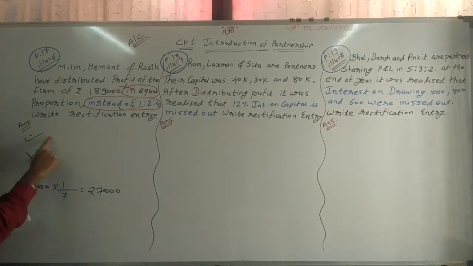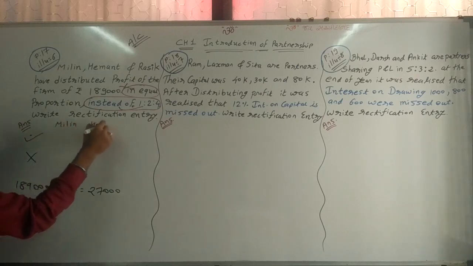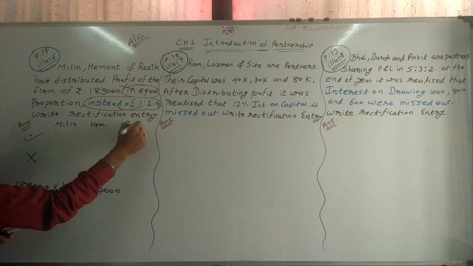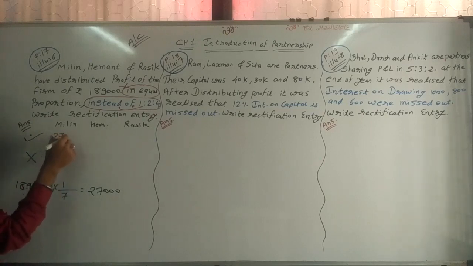Now, this 27,000 is the correct answer. So for the 3 partners, Milin, Hemant, Rasik, we are writing 27,000 for Milin.